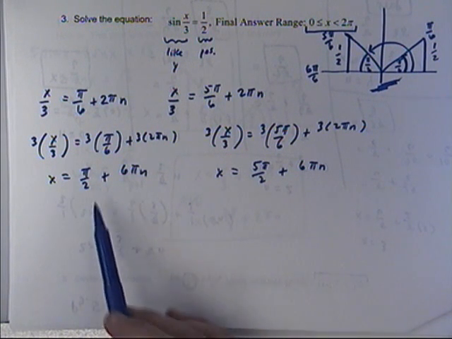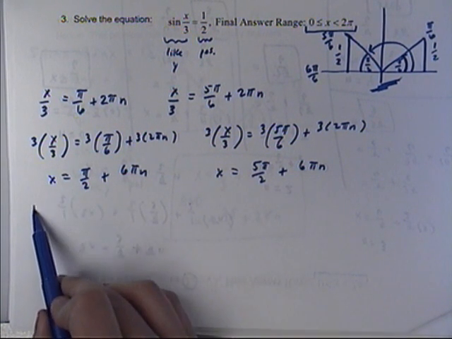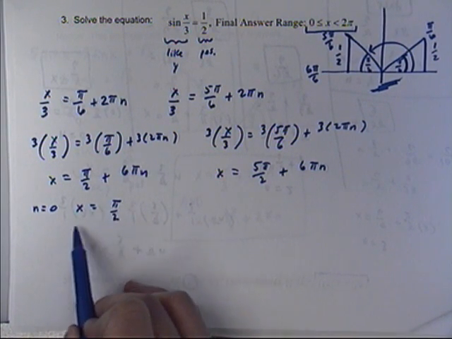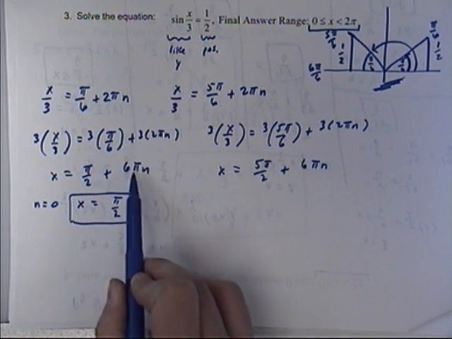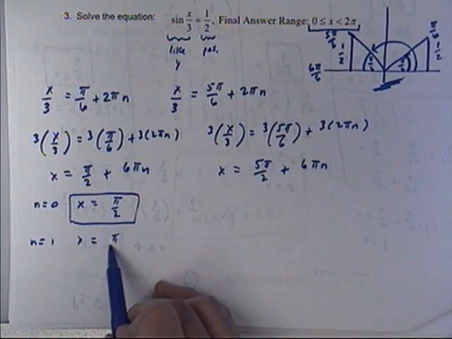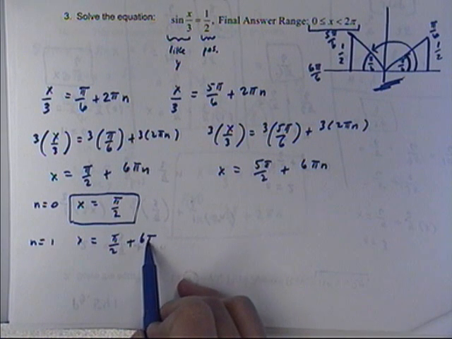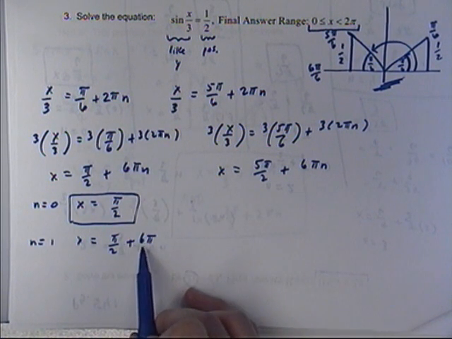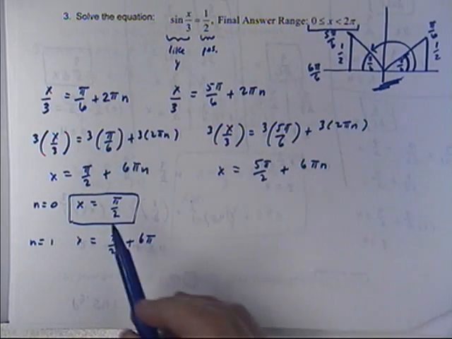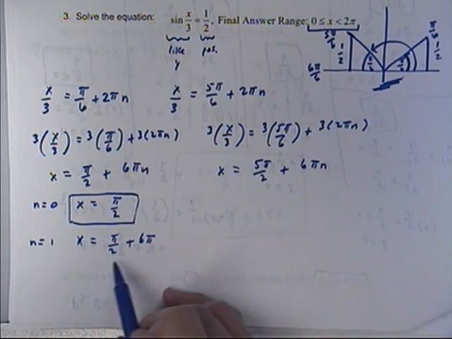So I'm going to first start with this answer. If n equals 0, then x equals pi over 2, obviously, because this would be 0. If n equals 1, x would equal pi over 2 plus 6 pi, right? Because 6 pi times n would be 6 pi. And obviously 6 pi plus pi over 2 would be bigger than 2 pi. So that is out.